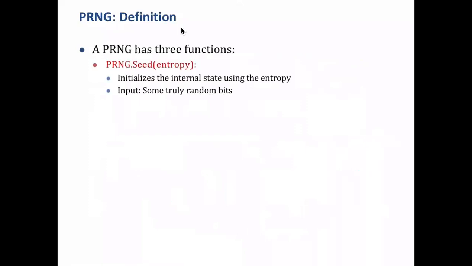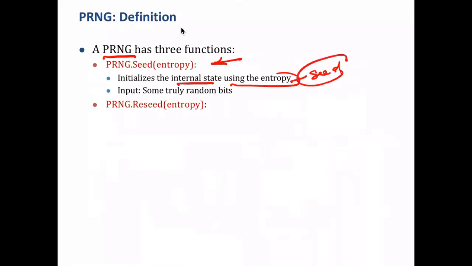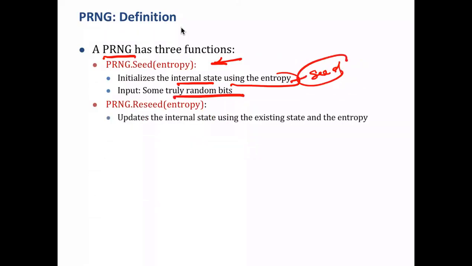So the pseudo random number generator has three functions. First is the seed: take the initial seed, and from that initialize the internal state using the entropy or seed. This seed is truly random bits that we input, and then we reseed it.